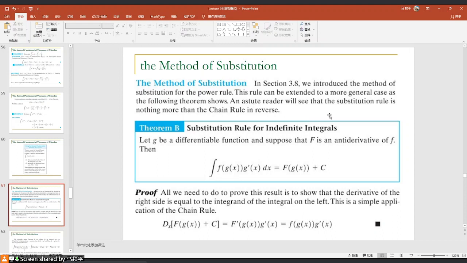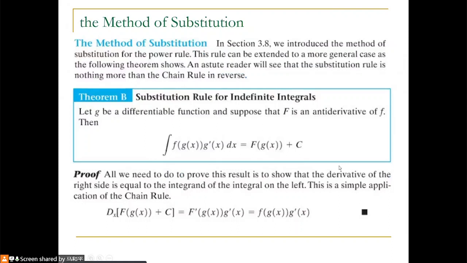Later, we'll say that the substitution law is nothing more than the chain rule in reverse. We have Theorem B, the substitution law for indefinite integrals. Let g be a differentiable function, and suppose that F is an antiderivative of f.